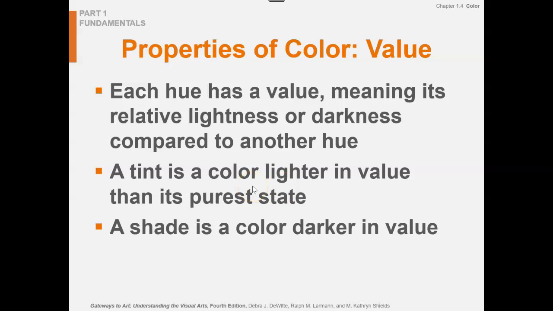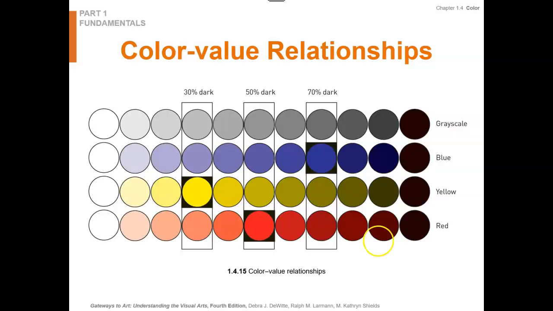In other words, if you have a red and you put white on it, that's a tint. You're making it lighter in value than its purest state. A shade is a color darker in value. So if you have a red and you add another, darker color to it, it's going to become darker in value.